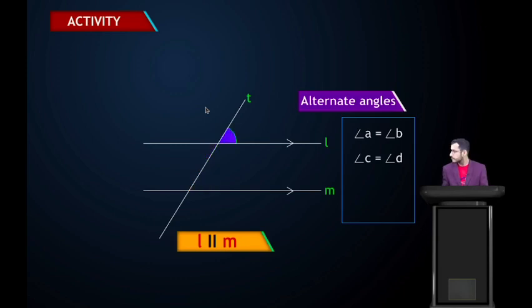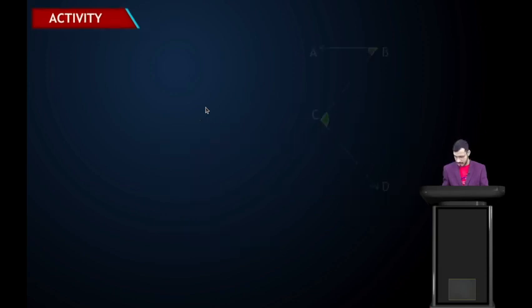Now angle E and angle F, alternate angles, are also equal, and angle H and angle G are equal too. So in a transversal line, you can see all the alternate angles are equal when lines are parallel.